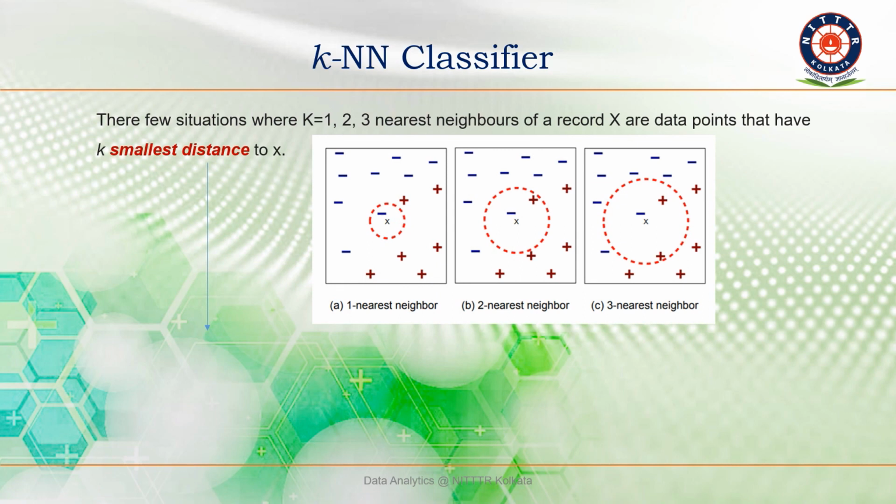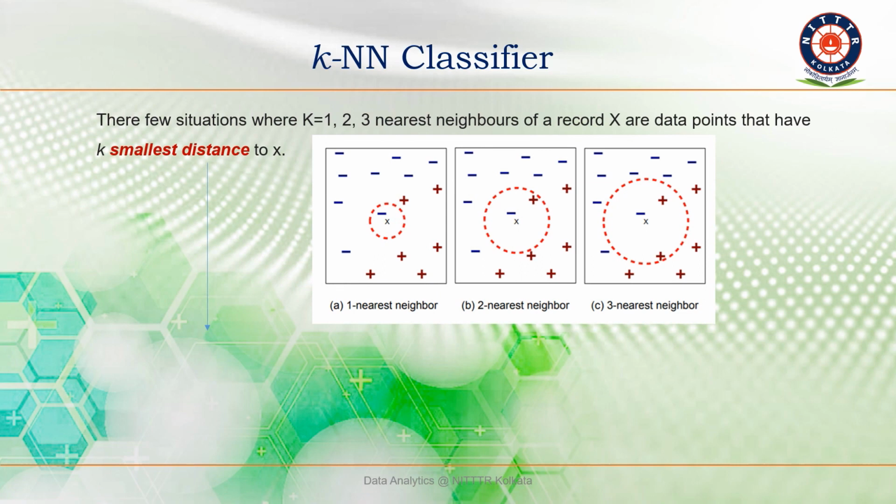Therefore, in KNN we look for k number of points which are closest to the red point, and this test point is then classified according to the class to which the majority of the k nearest neighbors belong.